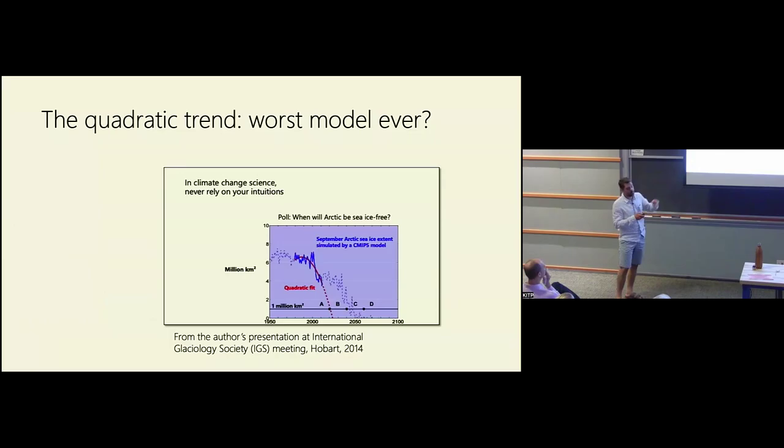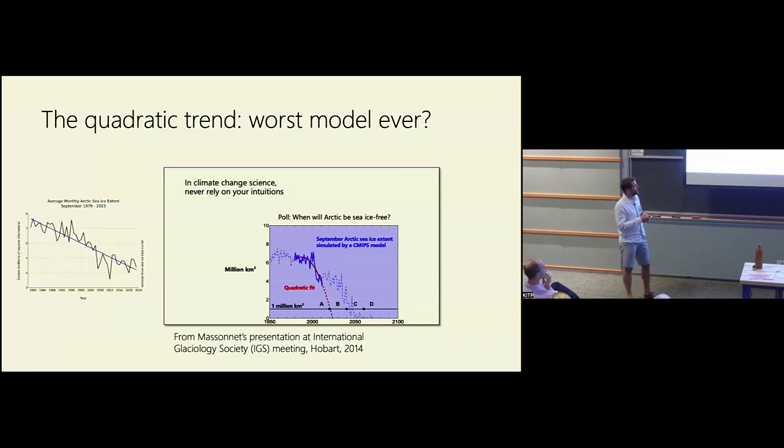And my point with that slide was to tell people, okay, just be careful about the interaction between the forced trend and internal climate variability, because in my example, in this simplified model, that model goes ice-free, but much later than what you could have expected from a pure quadratic extrapolation.